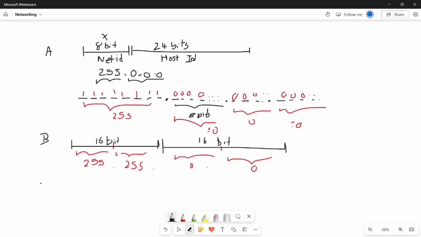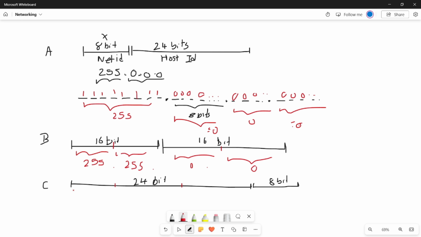So finally, if we consider a class C IP address, 8 bits for host and 24 bits for network. So now you can imagine what will be the subnet mask of this network.